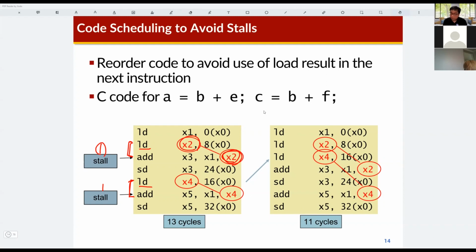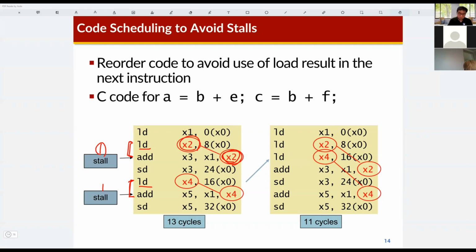With this scheduling technique, this is called scheduling, and this technique is applied by the compiler. The compiler can analyze the dependencies between 2 instructions, and if the 2 instructions have dependencies, then the compiler can change the order of some instructions, and can insert independent instructions between these 2 dependent instructions.